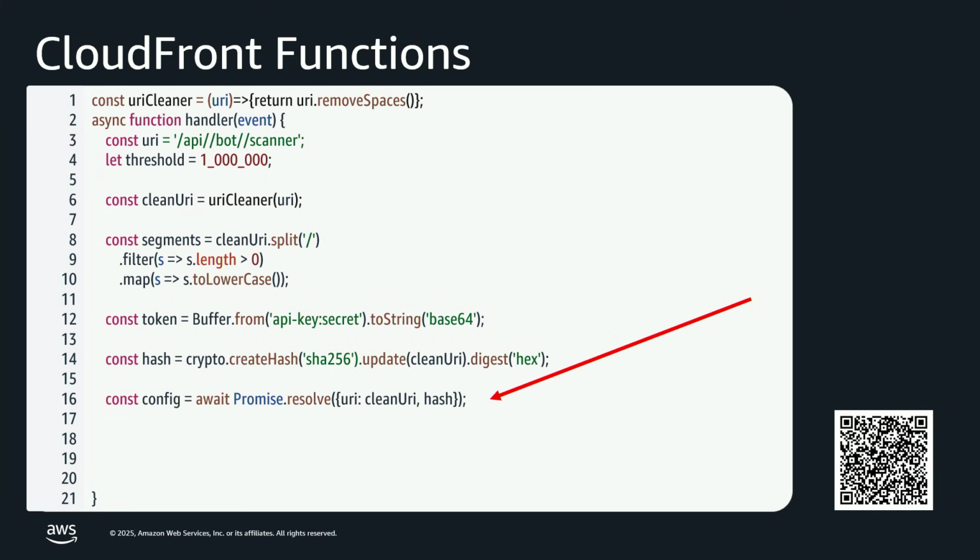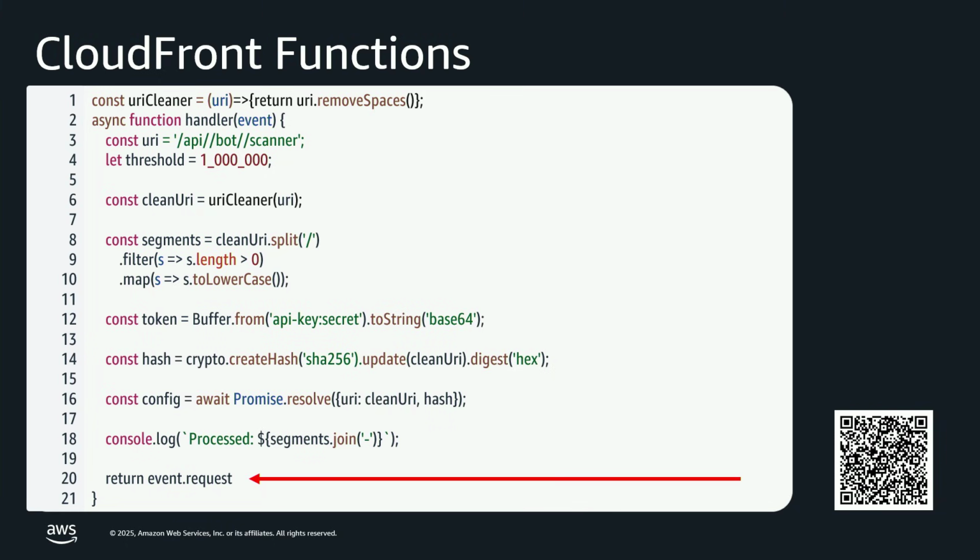And you can also do async operations using promises and async await. And of course, every JavaScript program should support console.log. So every time that you are doing console.log within CloudFront Functions, it will auto-ship to CloudWatch Logs in us-east-1, so you can later on check those logs.